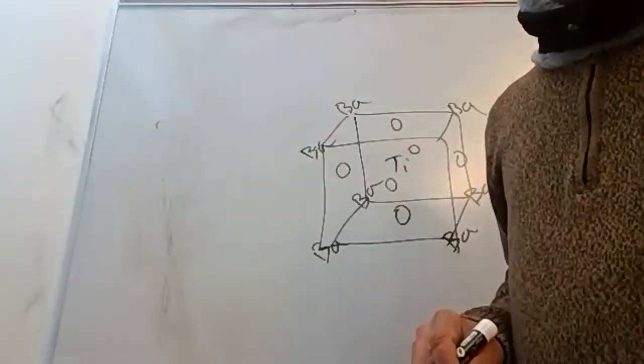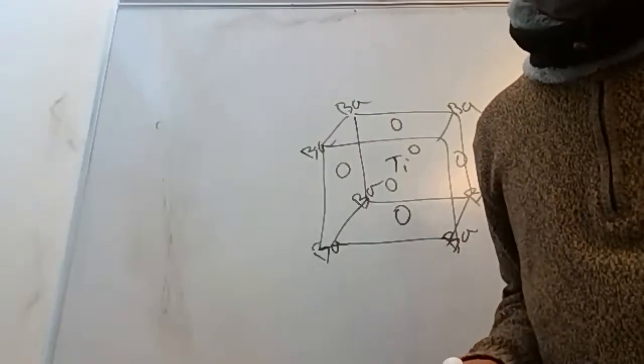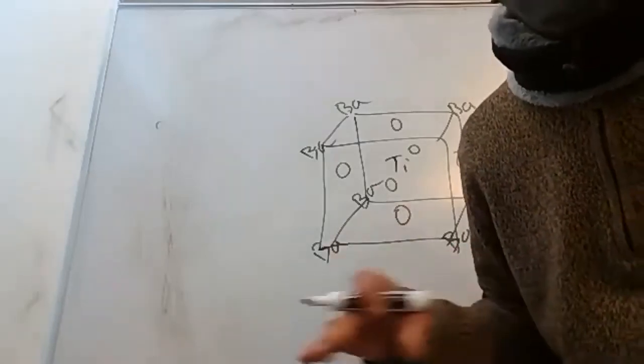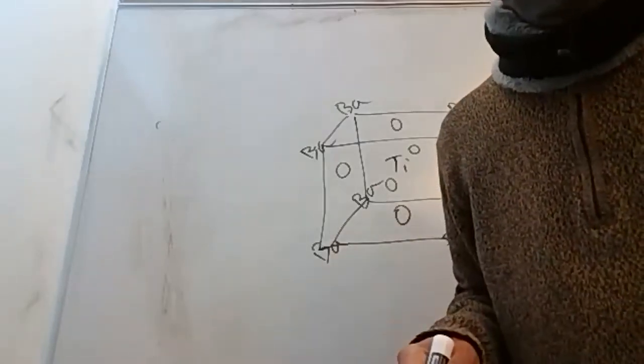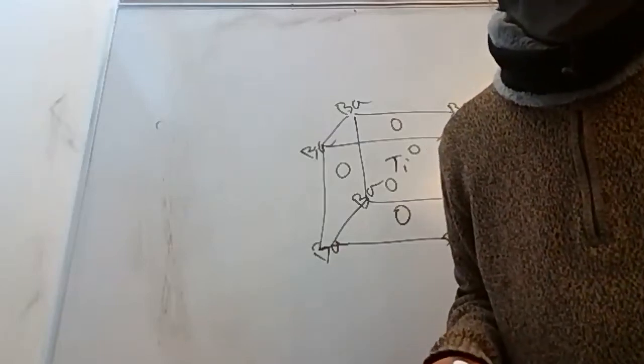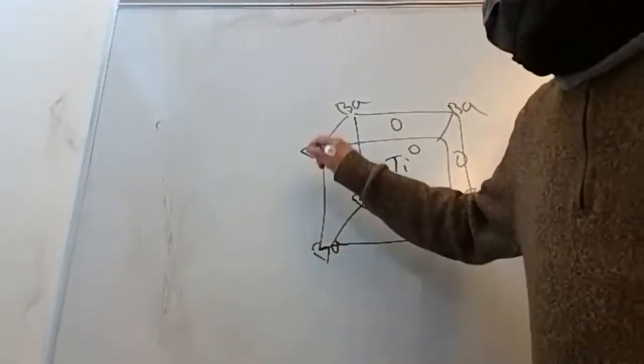The reason why we write this way is we look at the most electropositive metal on the left and most electronegative element on the right. That's how we write the chemical formulas, right? When you write sodium chloride, you write sodium first and chlorine next, correct? You will never write sodium chloride as ClNa. Similarly, we go by the most electropositive metal, that is barium.